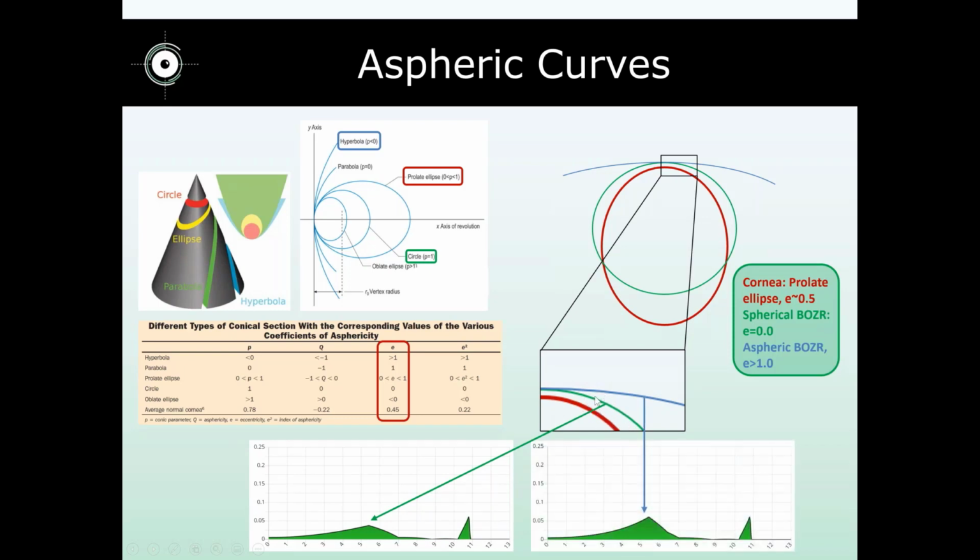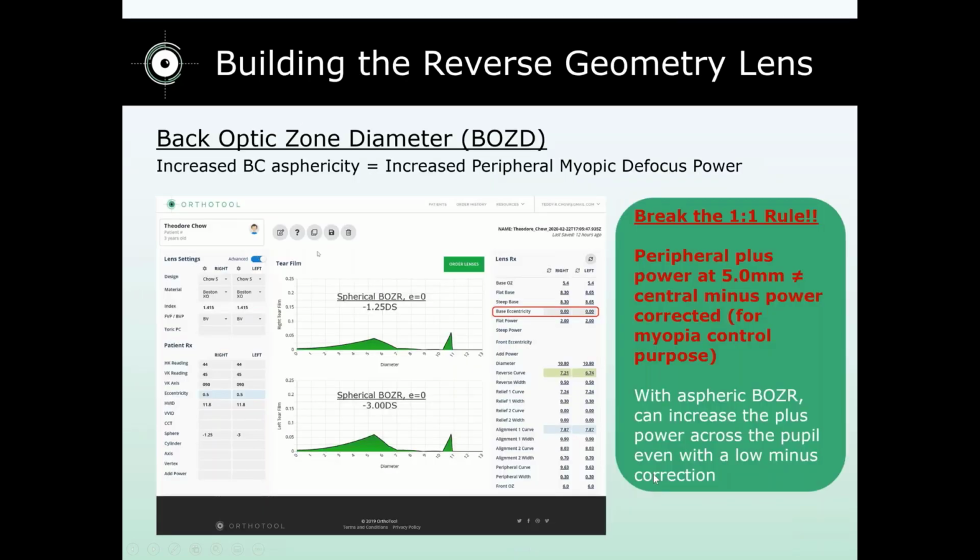Notice how with an aspheric back optic zone, as we move from the apex to the edge of the optic zone diameter, you get a really fast flattening, and that's where you have this increase in the max TLT afforded by that aspheric curve. So we break the 1-to-1 rule.